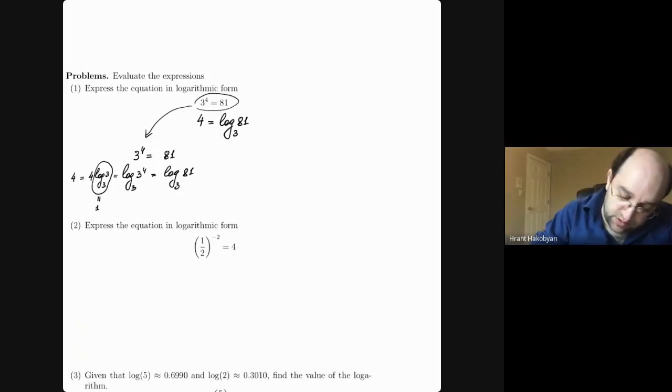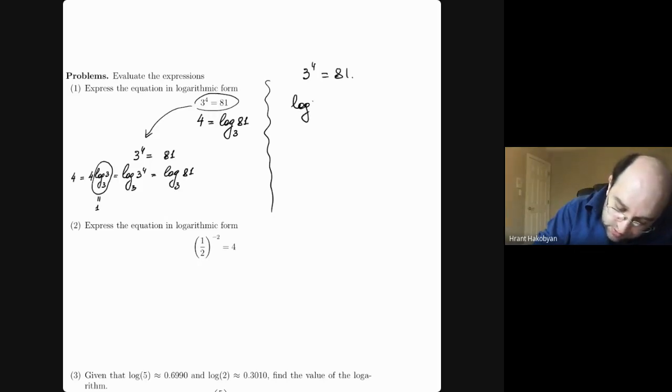So let's do the same thing one more time. 3 to power 4 is equal to 81. So I take logarithm of both sides, with base 3, and all you have to remember is that logarithm of 3 with base 3, if these two numbers are the same, this whole thing cancels out, and all you have left is just 4.